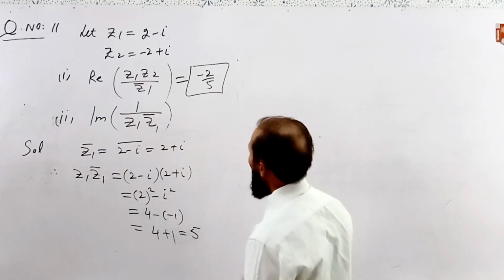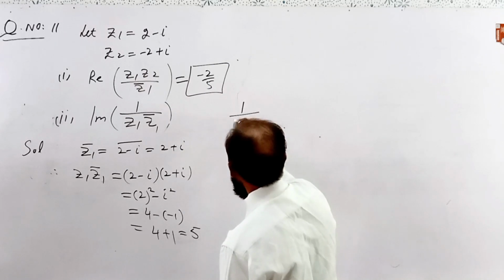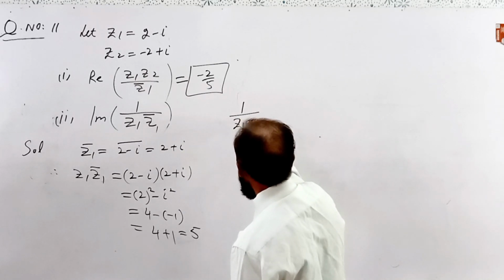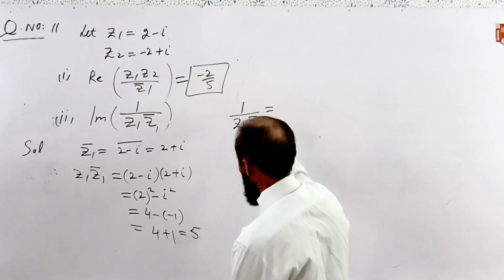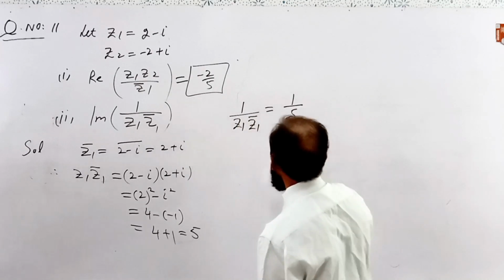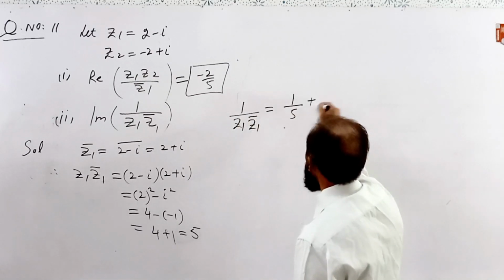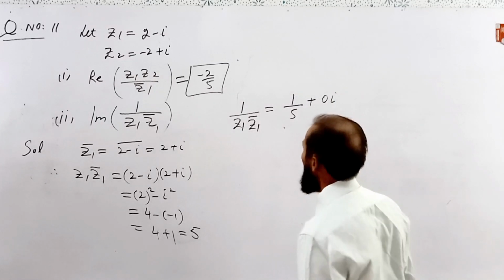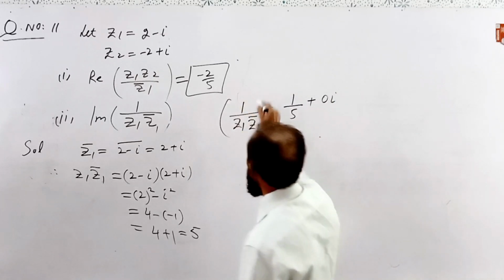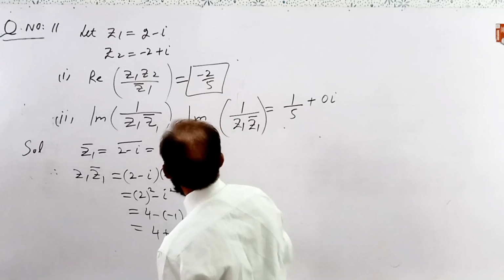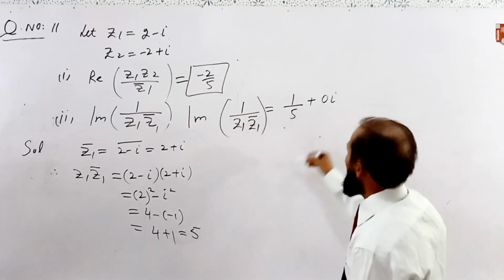Now here we are required 1 divided by z1 z1 bar. So 1 divided by 5. That means that we can write plus 0 iota. So we are required the imaginary part. Imaginary part is here 0.